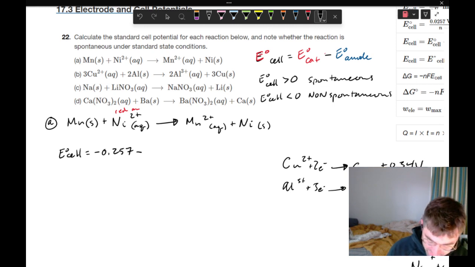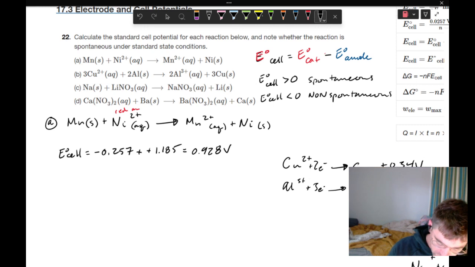We subtract the anode half cell potential, and that is negative 1.185. So subtracting a negative, we get addition. Crunch those numbers, 0.928 volts.